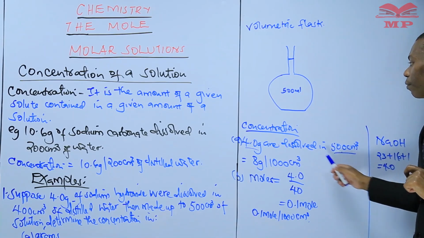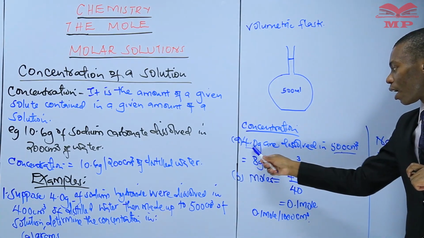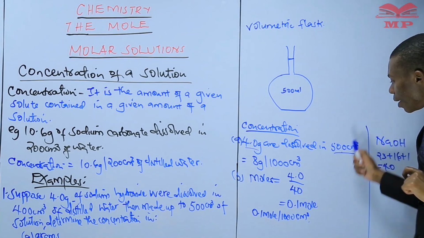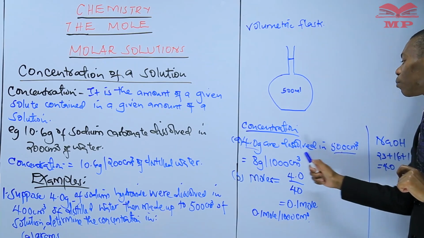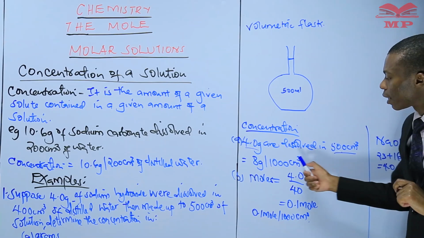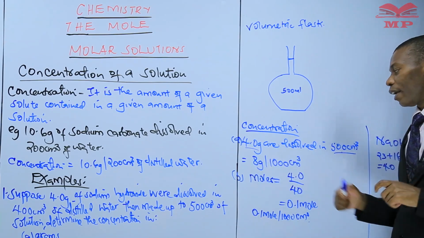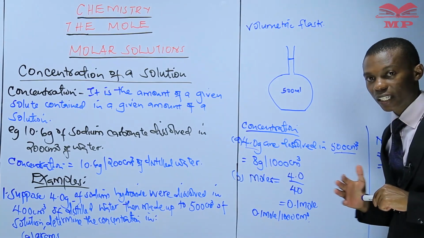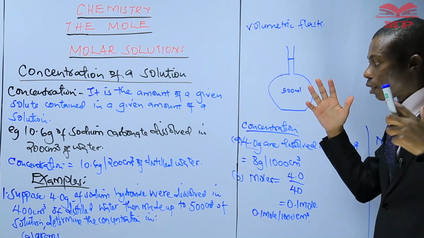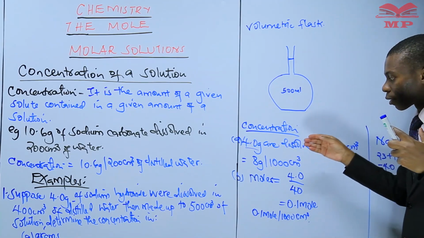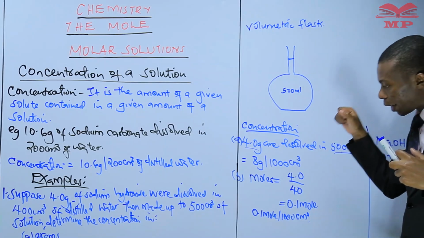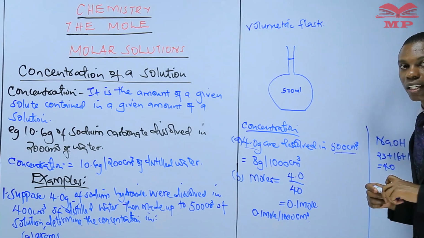Therefore, if 4 grams are dissolved in 500 centimeters cubed, how many grams will be dissolved in 1000 centimeters cubed? That is how we came up with 8 grams per 1000 centimeters cubed. So the concentration of sodium hydroxide is 4 grams in 500 centimeters cubed, or 8 grams in 1000 centimeters cubed.